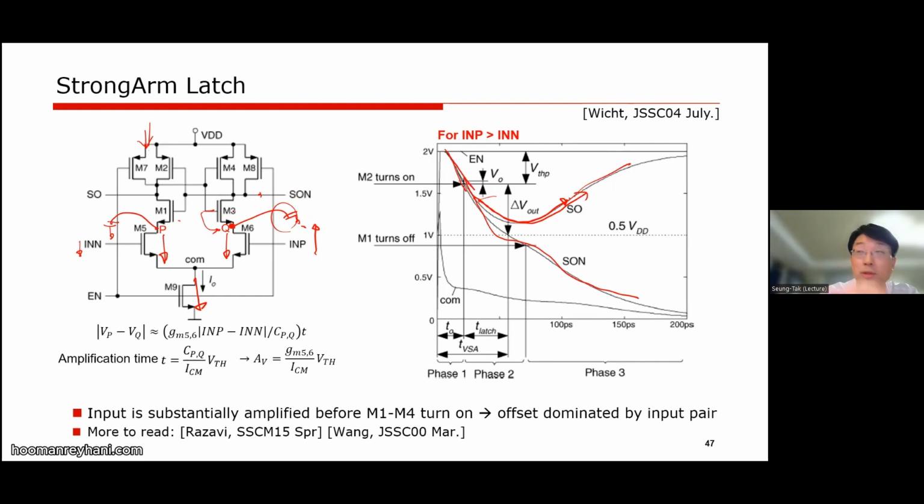After that, the voltage will not change that much for a while. So in order to tell the preamplifier gain, we can think of this as a kind of preamplifier for the latch. To calculate the gain, we need to find the time when the node voltage reaches VDD minus threshold voltage.